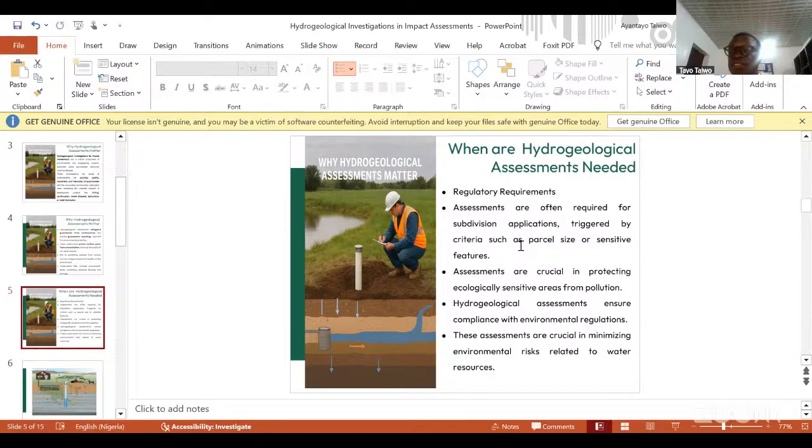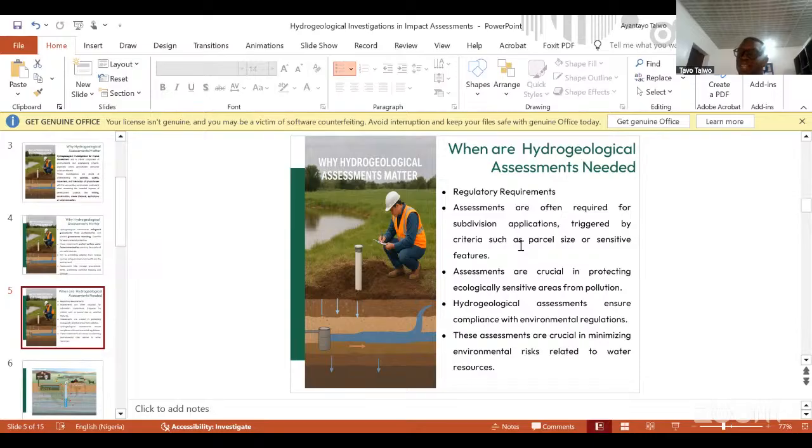In mining, for instance, which is a high polluter sector, it is important that you conduct groundwater assessment, hydrogeological assessment, such that you want to have a baseline to know that, look, when you started out, our water was potable. We don't want the situation where, in two or three years' time, we will not be able to use our water, or you start having conflict. So hydrogeological assessments are needed in impact assessment.